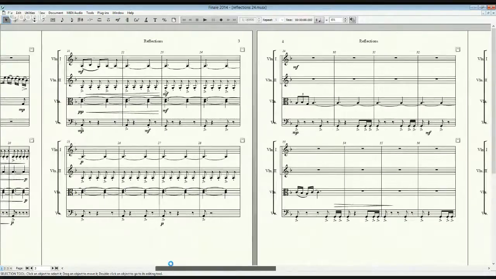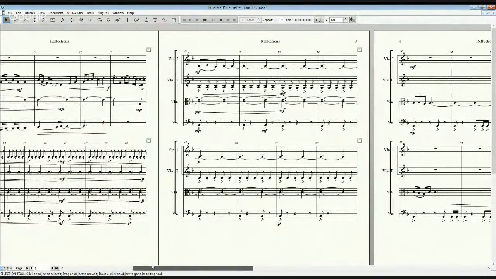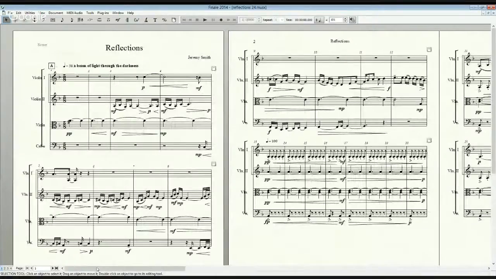Okay. So this is testing. Yeah. Okay, this is ready for composition form.